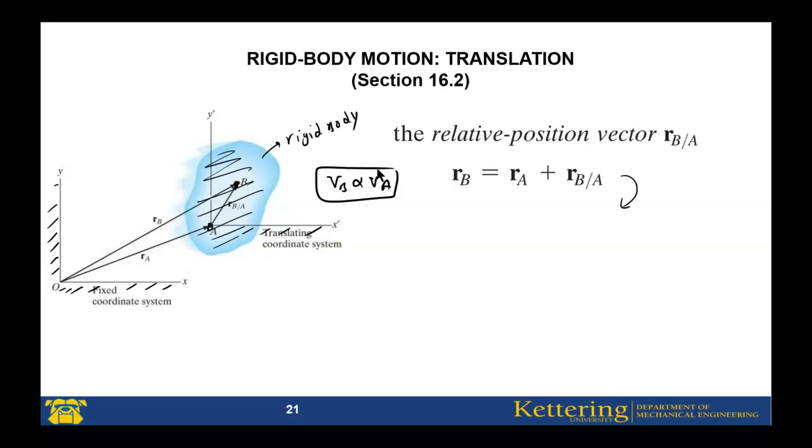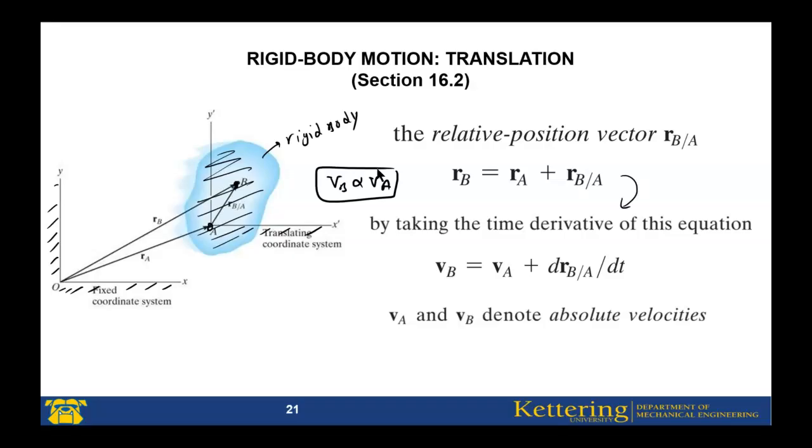But I have the position equation. How can I find the velocity relative equation? Yes, derivative. If I take the derivative of this one with respect to time, I can find this equation.